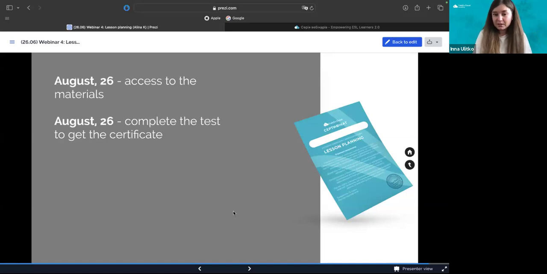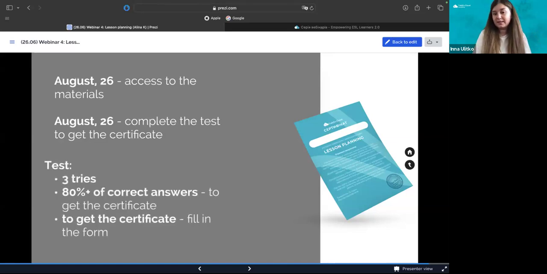The test consists of multiple choice questions, and you will be able to have 3 tries to complete the test, if you have some power cuts or any other problems. To get the certificate, you need to get 80% of correct answers.